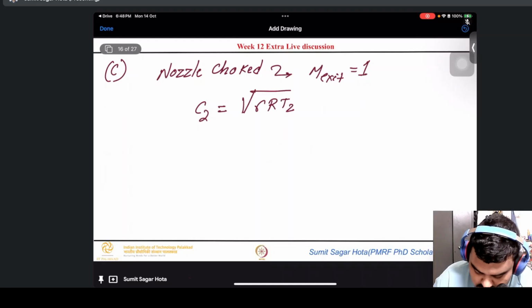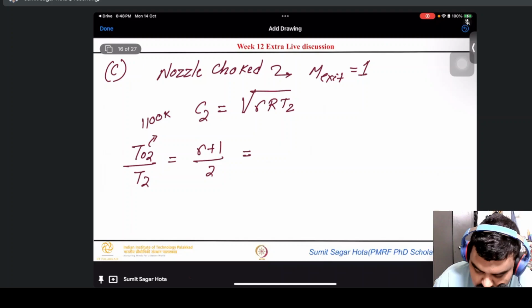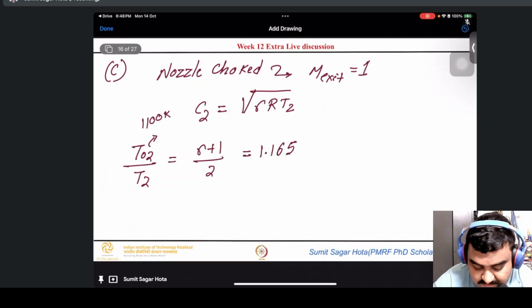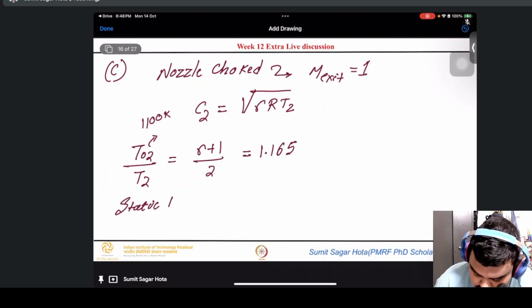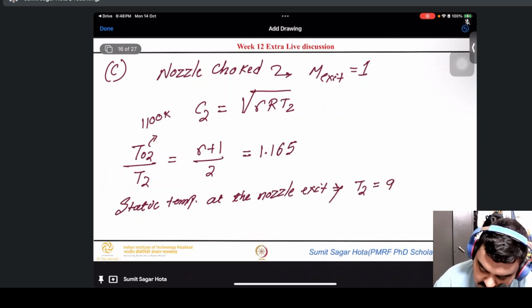Now T02 by T2, where T02 is 1100 Kelvin, is equal to (gamma plus 1) by 2, which is 1.165. So now the static temperature at the nozzle exit is 944.2 Kelvin.